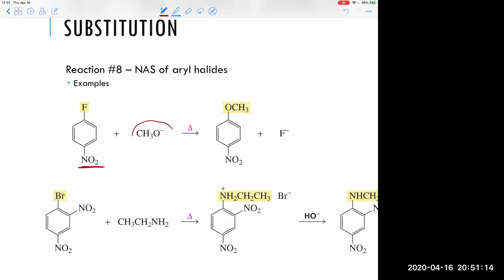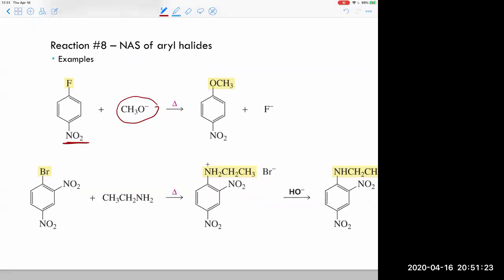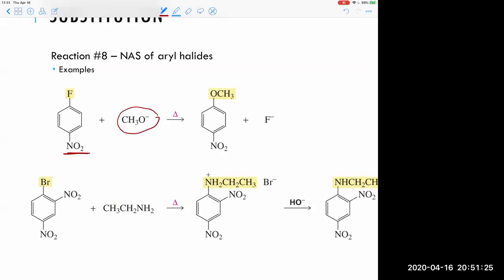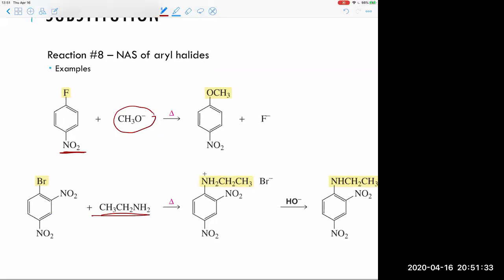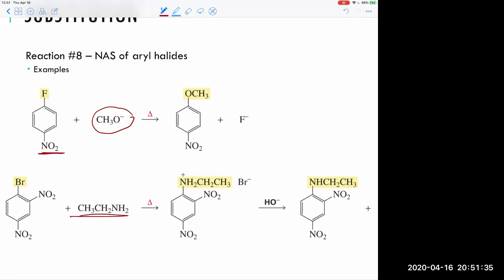We know that these alkoxide ions are really good nucleophiles, so we can use these as well. As well as amines, we know can play the role of a nucleophile. These can be substituted out as well. If you just have your amine and apply heat, you'll actually get a salt, an ammonium salt.